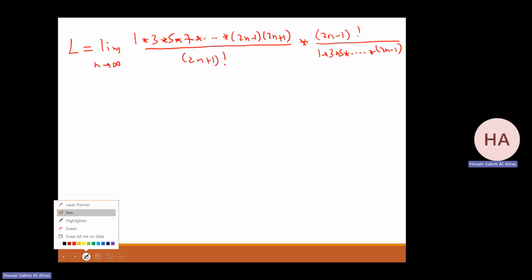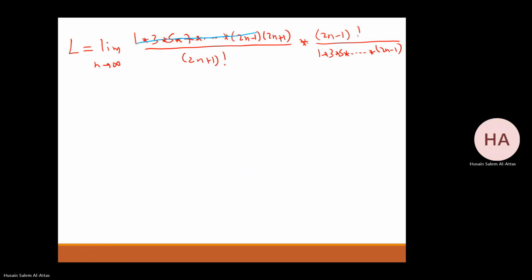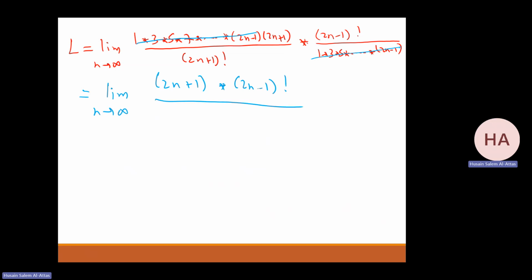Okay, now I need to be careful. This cancelled with this. So what is the remaining? That will be the limit as n goes to infinity of 2n plus 1 times 2n minus 1 factorial over 2n plus 1 factorial.